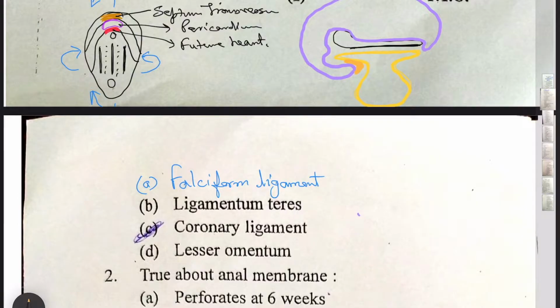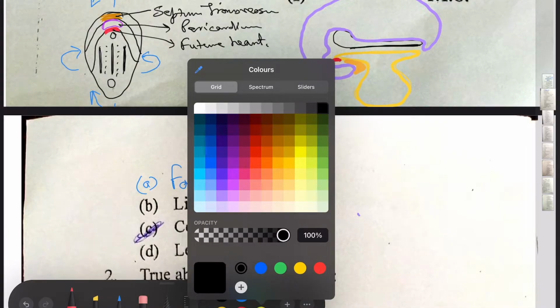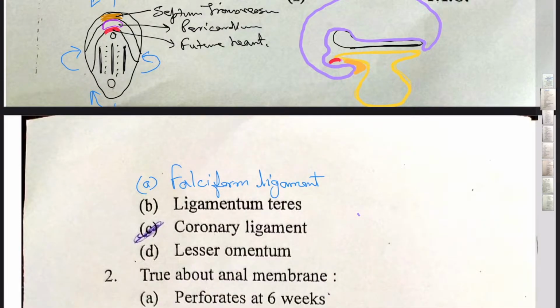It is here that septum transversum comes to settle down, and this heart will come here, and that heart tube sinks down into this developing pericardium like this. So what you're seeing now is that septum transversum, which was cranial to the developing heart tube, now comes caudal in relation to the developing heart.